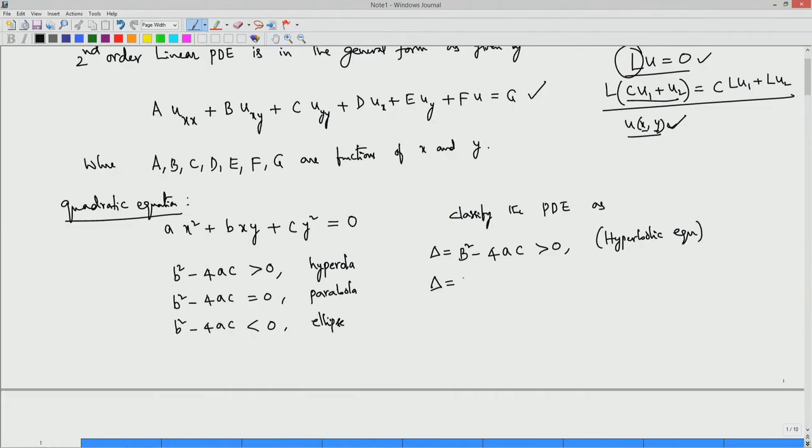If the discriminant is 0, it is a parabolic equation. And if the discriminant is negative, it is called an elliptic equation.